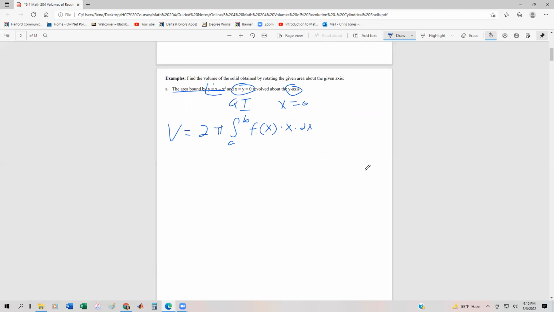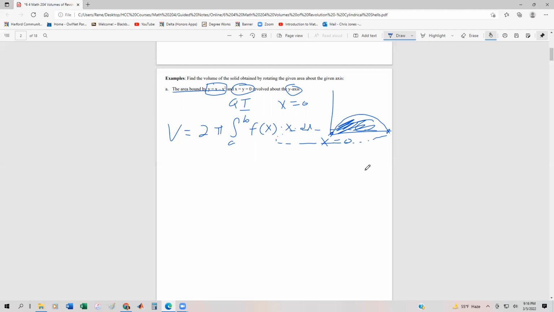Certainly we know the function: the function is x minus x squared. And so the only thing we really need are the bounds. In quadrant 1, this is essentially what we're looking at, and what we're doing is rotating this about the y-axis this time, not about the x-axis. So we need to figure out these 2 points. Clearly in quadrant 1, this one is going to be 0.